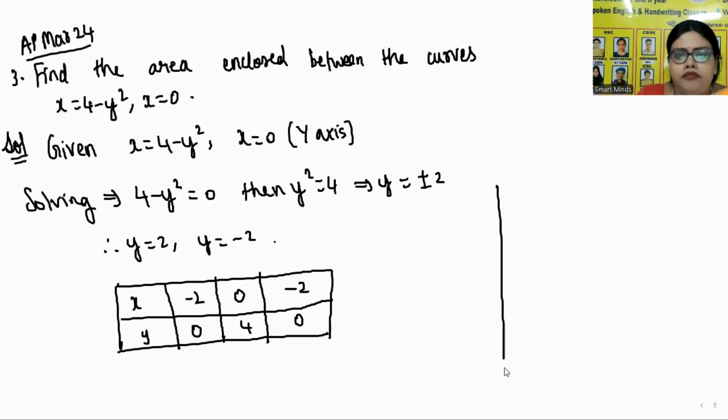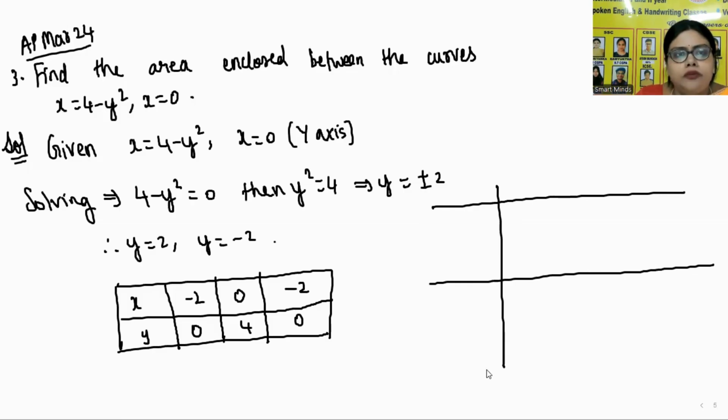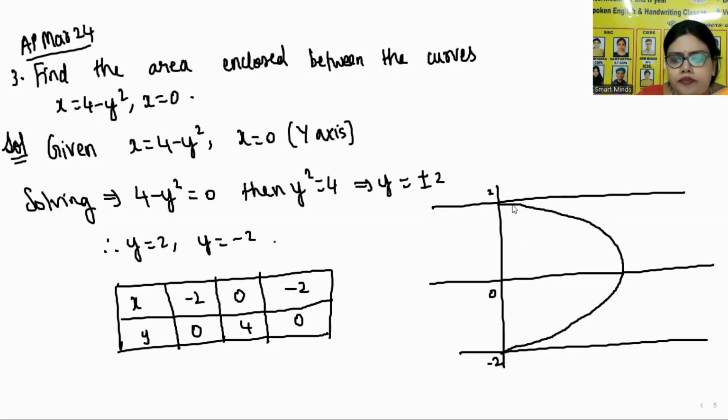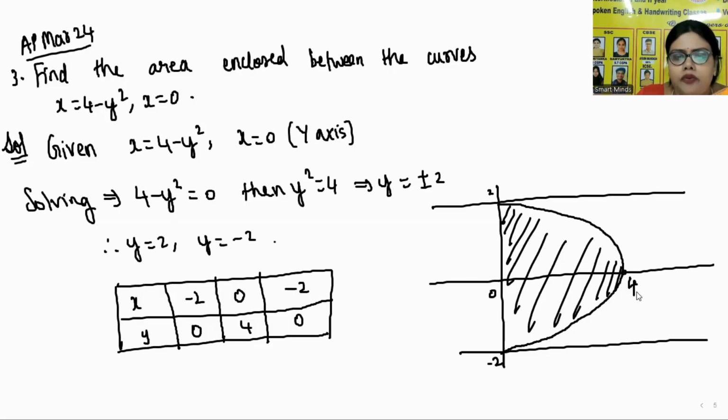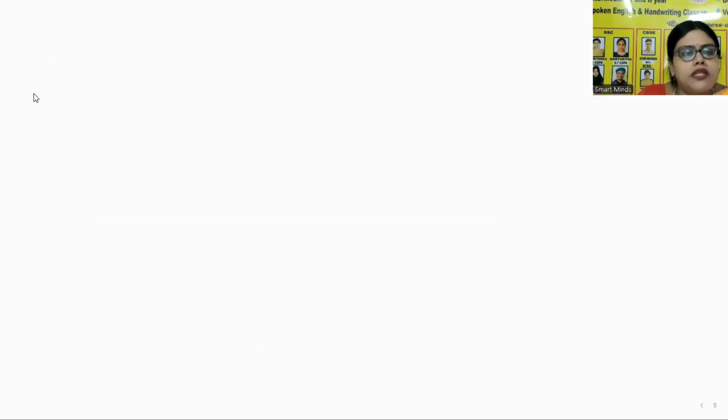Now, based on that, if we draw a figure, see this is x equals to 2 and this is x equals to minus 2. This is minus 2. This is plus 2. This is 0. So you will get a parabola like this. And this is the shaded region. And this point is 4. This is 2. So after you get this, what is the required area?